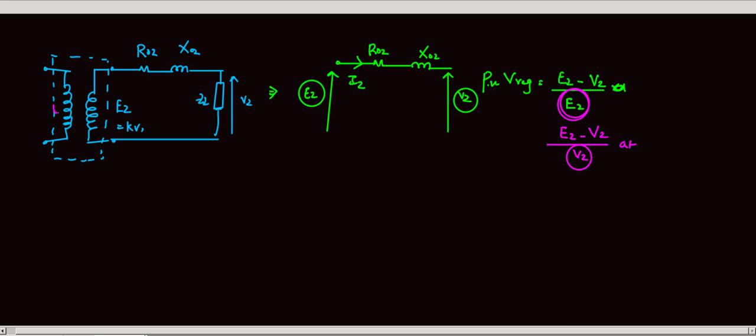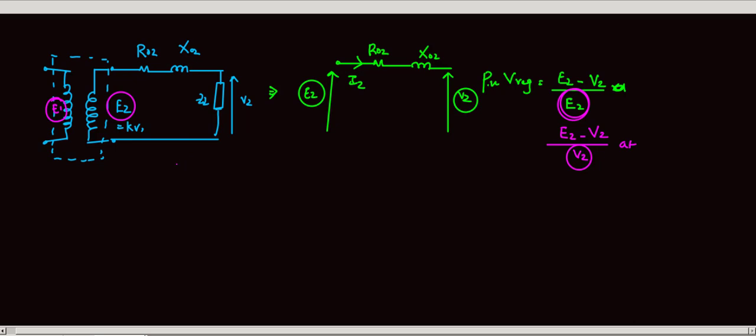E1 and E2 are the rated voltages in transformers, whereas in an alternator the developed voltage is the rated voltage. So it is E2 minus V2 by V2 into 100 for an alternator, and E2 minus V2 by E2 into 100 for a transformer.